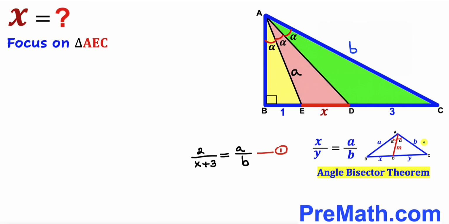So therefore we are going to apply the angle bisector theorem on this triangle AEC as well. In other words, the ratio of x and 3 is going to be equal to the ratio of A and B. So therefore we could write x divided by 3 equals A divided by B, and I'm going to label this one as our equation number 2.